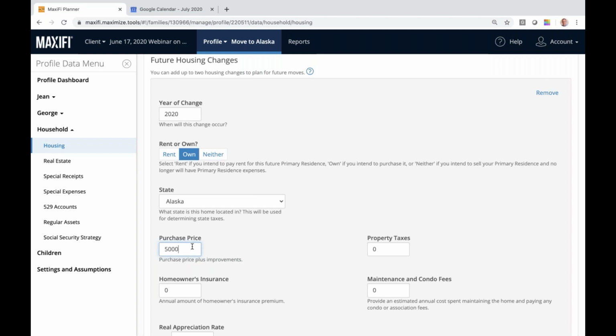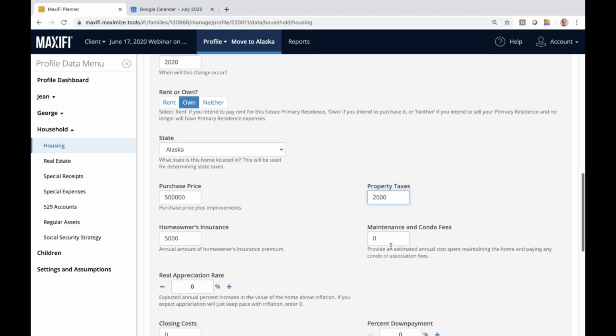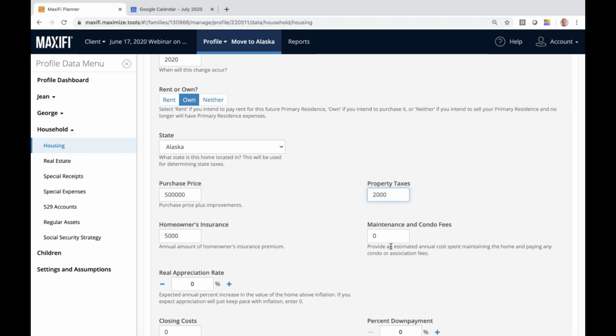Let's see. And the homeowner's insurance, well, I have to put in what the insurance will be. So maybe, because of certain reasons, it's $5,000. It's high. Maybe the property taxes, because they have oil from the Arctic area there, are low, $2,000.